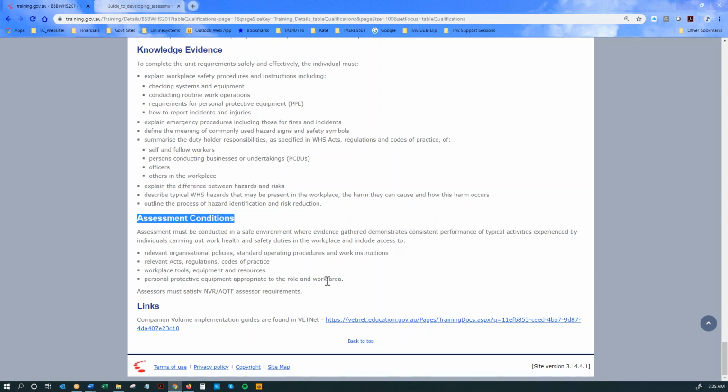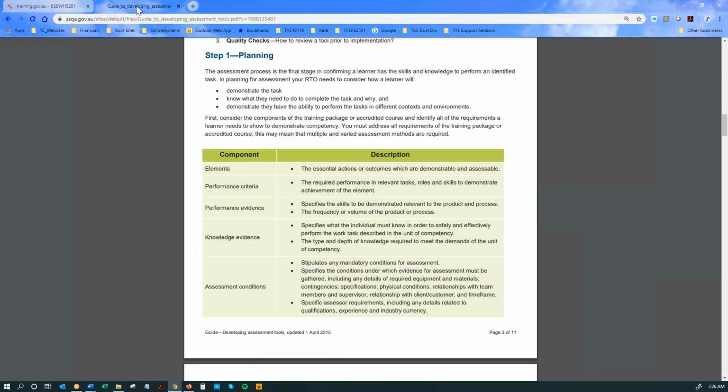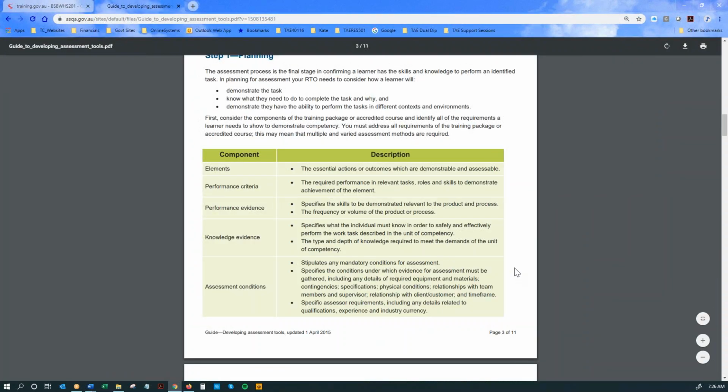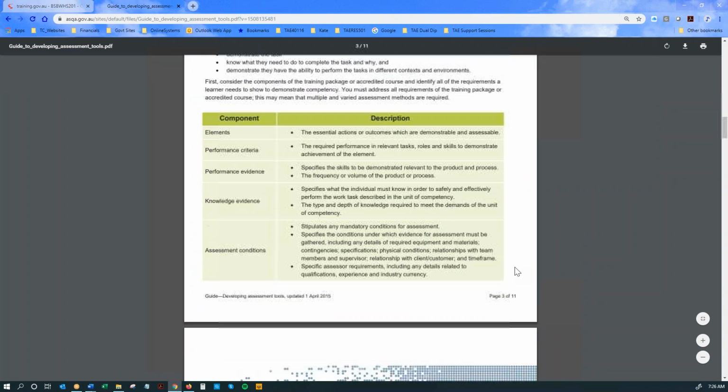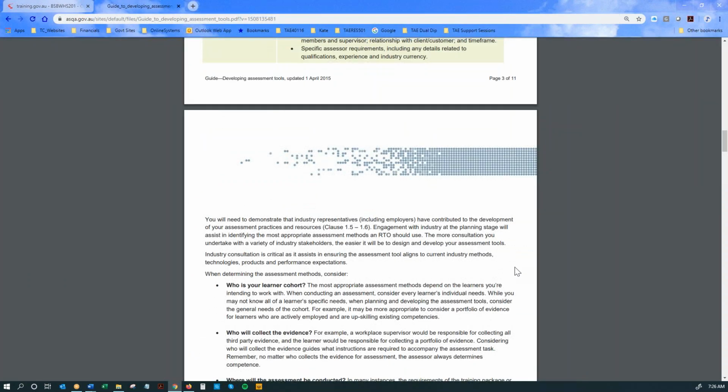It might give you details around the expectations of trainer assessor experience. It may give you specific pieces of equipment that are really clearly labelled, which you'll find in units like first aid and CPR. So always read these components of your unit of competency prior to getting started with actually putting your unit of competency assessment tools together.